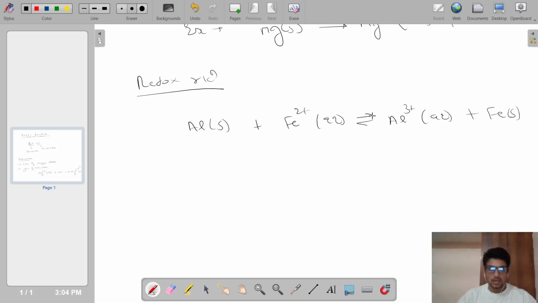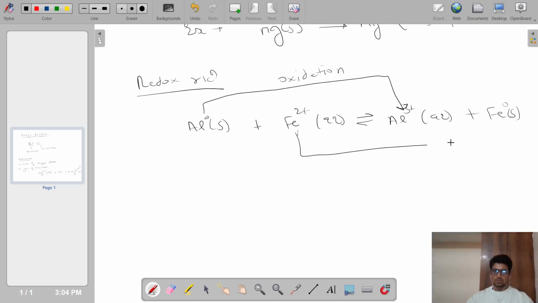Here, if you see clearly, aluminum is in zero oxidation state and it is going to +3. That means an increase in oxidation state. Increase in oxidation state means loss of electrons, so here oxidation is happening. In the other case, iron dipositive is going to iron 0. So positive charge is reducing, oxidation state is reducing. That means reduction is happening.